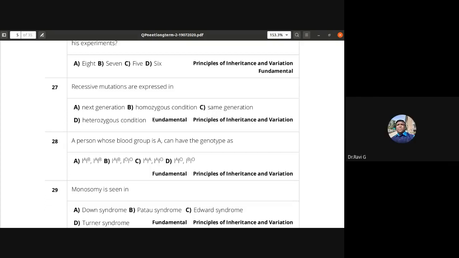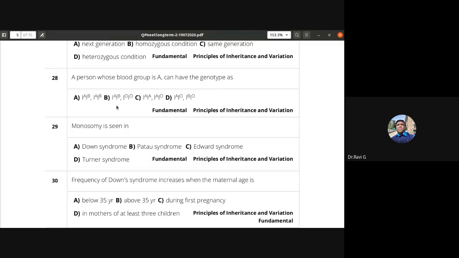Okay, B is the answer. 28th, a person whose blood group is A can have the genotype as IAIA or IAIO. So C is the answer. So they have homozygous condition for A or heterozygous condition for A, where the other gene is recessive. IO is the recessive gene.